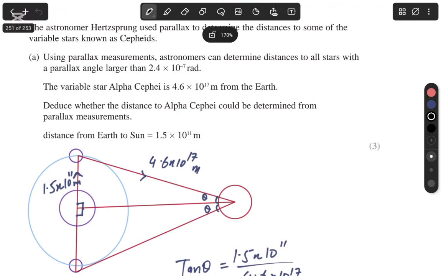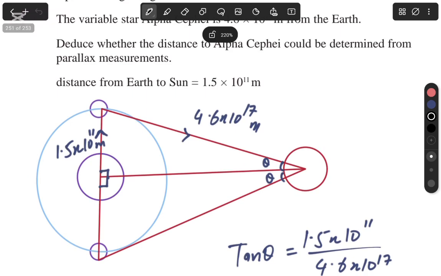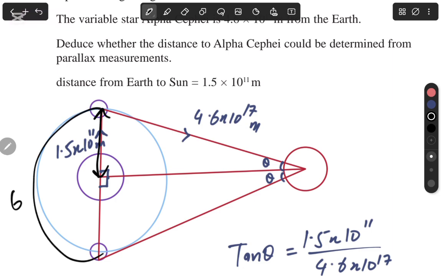So we know when we use trigonometric parallax, we measure the star against the backdrop of the background stars, and we see the angular displacement based on Earth's movement over 6 months. We have the distance between the Earth and Sun, and this is the movement of the Earth in 6 months' time, and we can use this to measure the angular displacement, this angle.